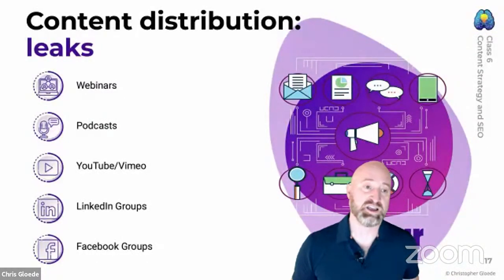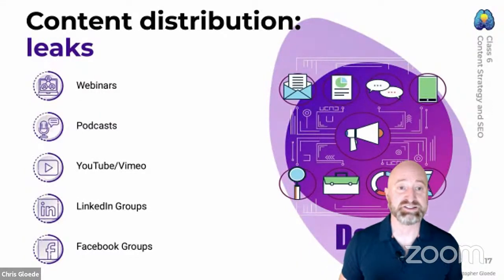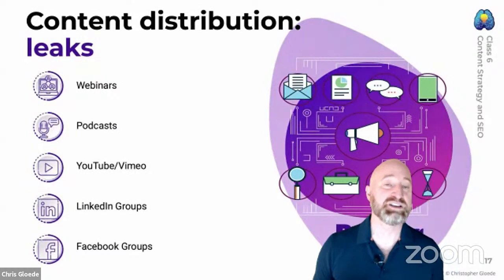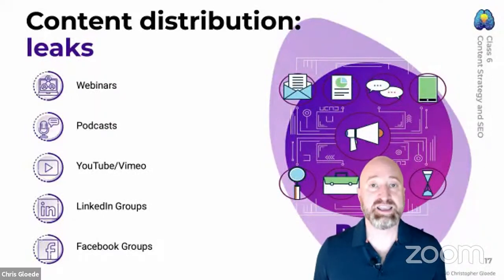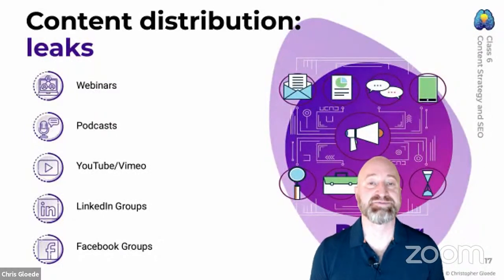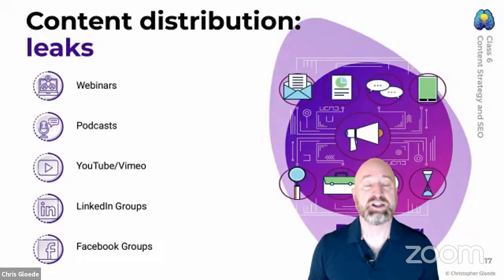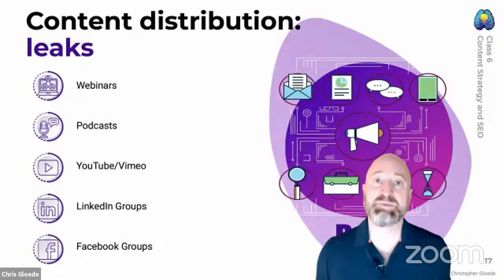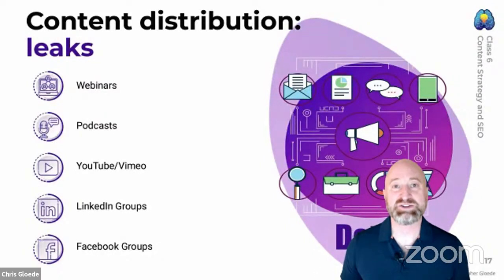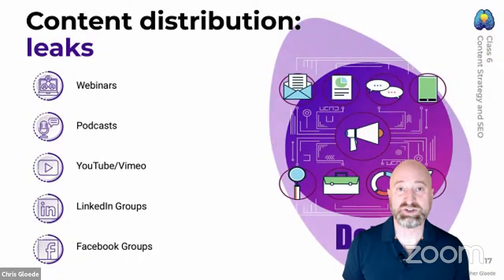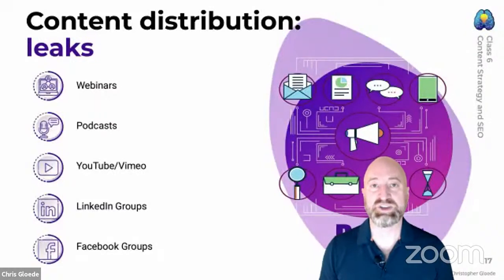All right, we're going to take a detour here. We're going to keep talking about distribution. So things that really frustrate me and that I run into so often at my client associations are content leaks. A great example is we have a member-only webinar. And so we announce it to our members, and we put up a registration page, like an RSVP page, and tell people just sign up so that you can get the Zoom link.